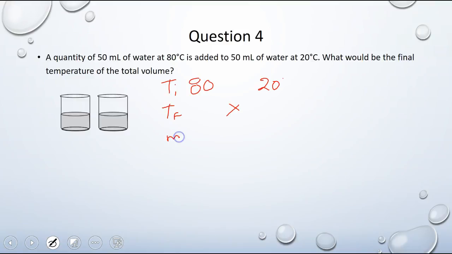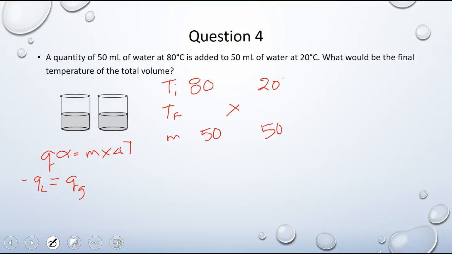The mass here, we have 50 milliliters of each kind of water. We know that Q was proportional to mass times the change in temperature. And we just said that Q lost was equal to the Q gained. This is L and this is G. So what if we did that?